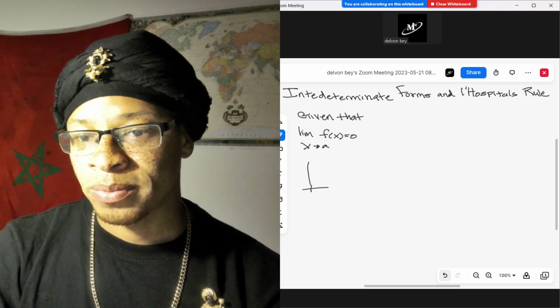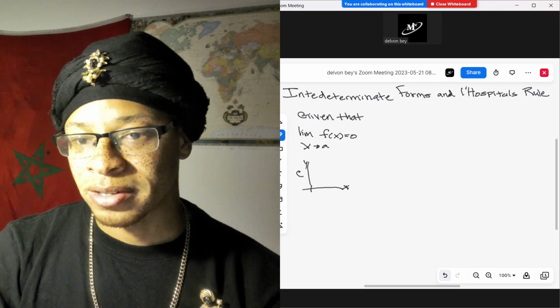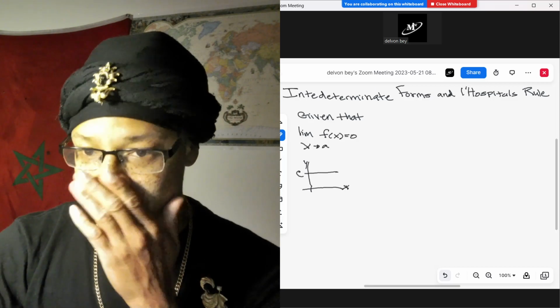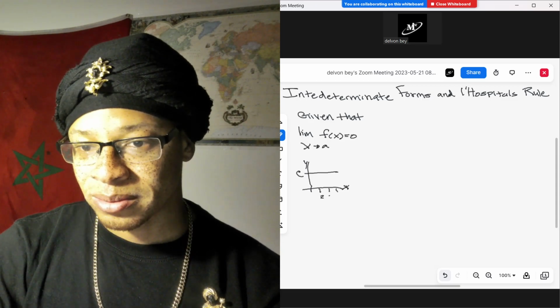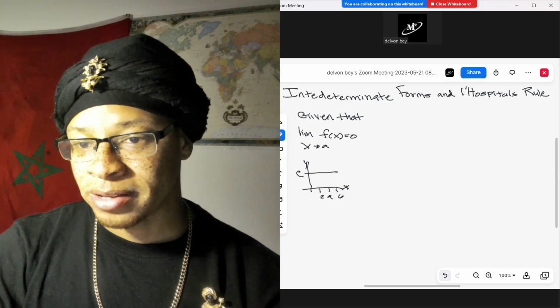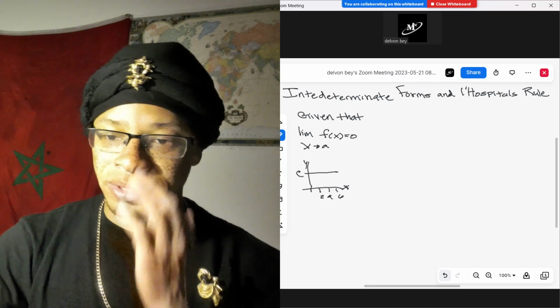This is the y-axis, the x-axis, and 0 is also c. Let's put c here, because 0 is the slope, and this is the function. The constant is always 0.